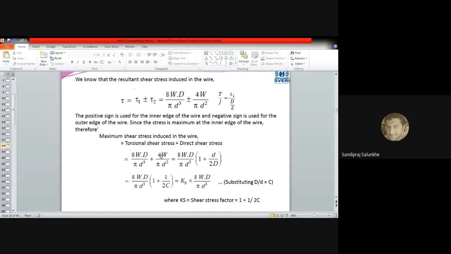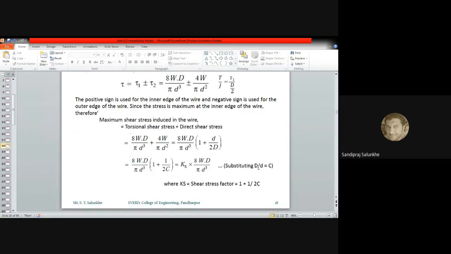When we take this 8 as common, this 4 multiplied by 2 means 2 we have to divide here, and as we take d cube common, 1d has to be multiplied and divided for this 4w divided by pi d square. So this equation will become 1 plus small d divided by twice of capital D.